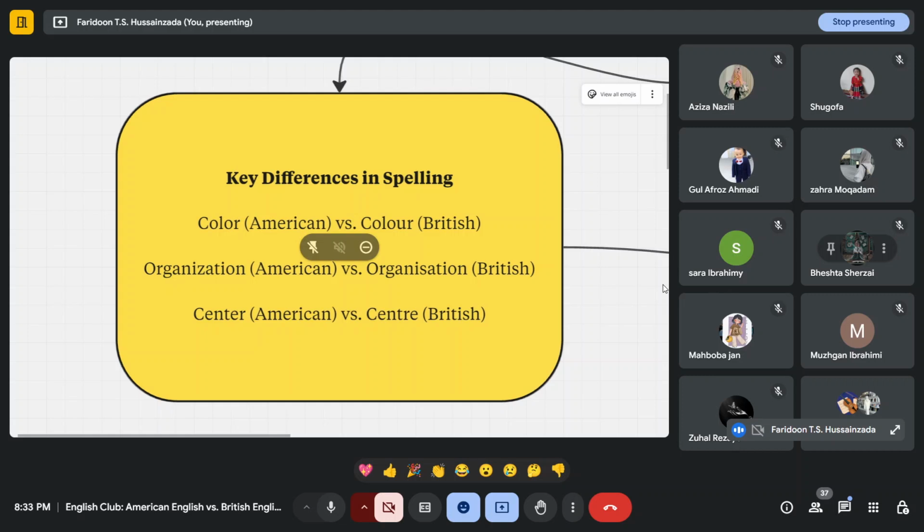So that is the same case in here. We're talking about the word organization. So this word organization in American English is spelled with an IZ, while in British English it is spelled with an IS. Okay, pronunciation is different, but it's not really about the IS and the IZ.